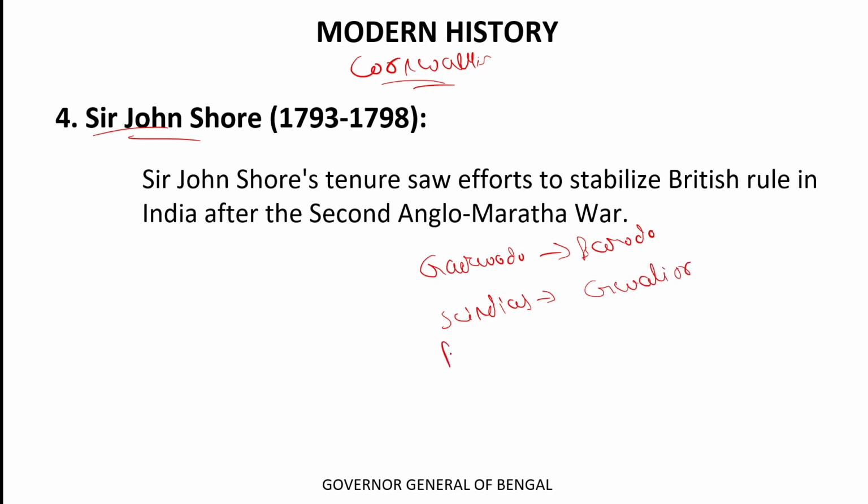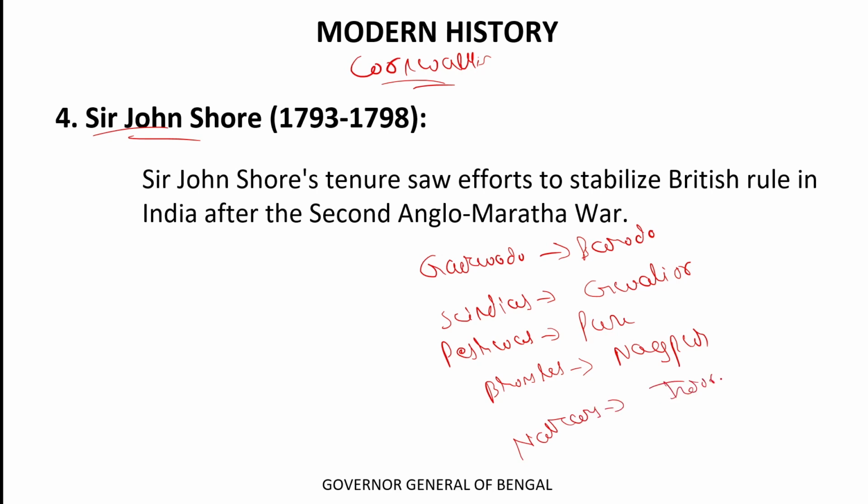Thereafter the Peshwas, the rulers of Pune. Then the Bhosles, the rulers of Nagpur. And the last ones are the Holkars, the rulers of Indore.